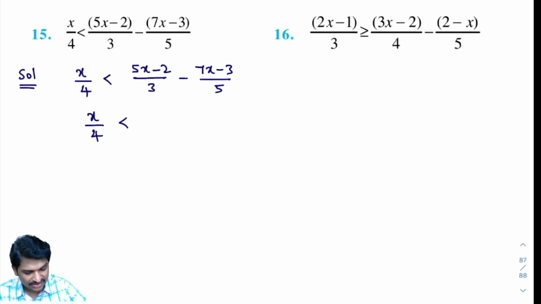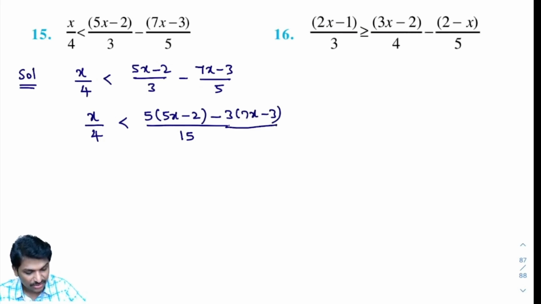x by 4 is less than, what is the LCM of 3 and 5? LCM is 15, right? Now what will you get? 3 into 15, 5 times. So what you will get? 5 into 5x minus 2, minus 3 into 7x minus 3.